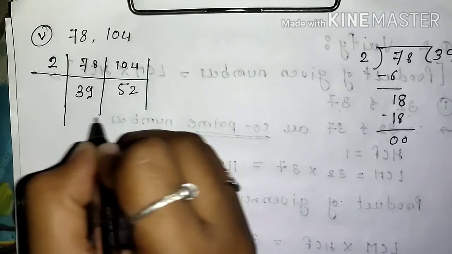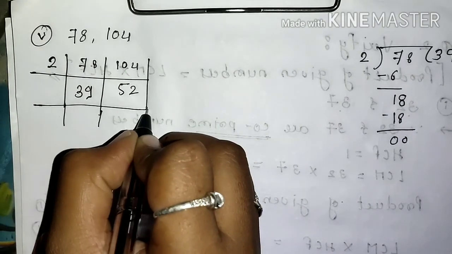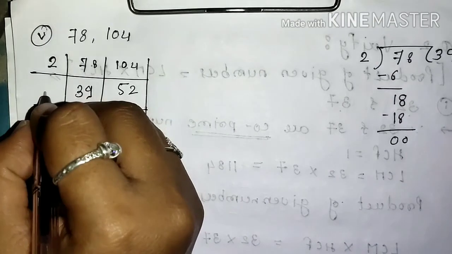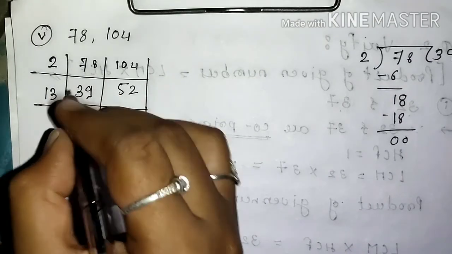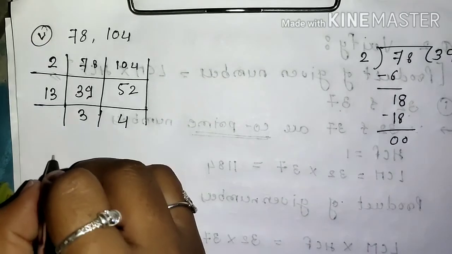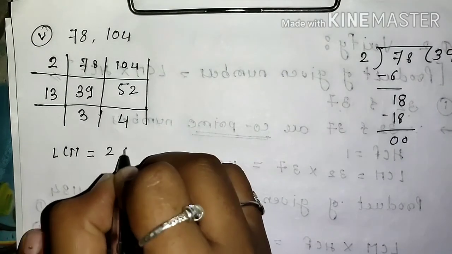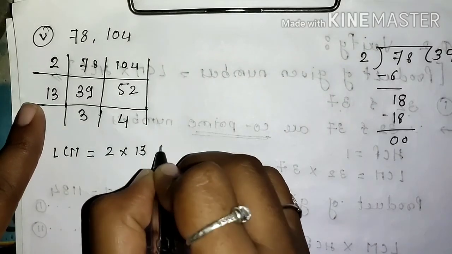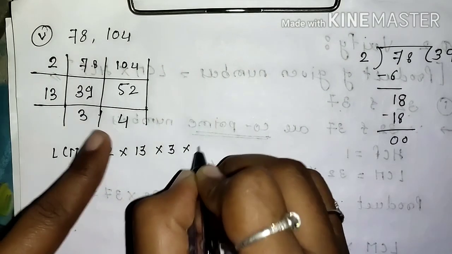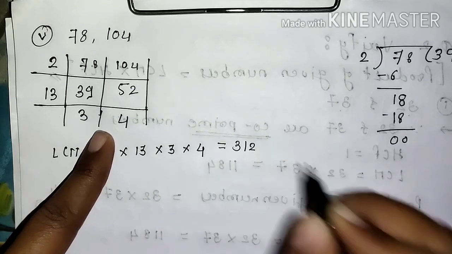Now next, 39 and 52 can be divided by the smallest prime number, which is 13. So here we get 3 and here we get 4. So hence LCM is equal to 2 multiplied by 13 multiplied by 3 multiplied by 4, which is equal to 312.